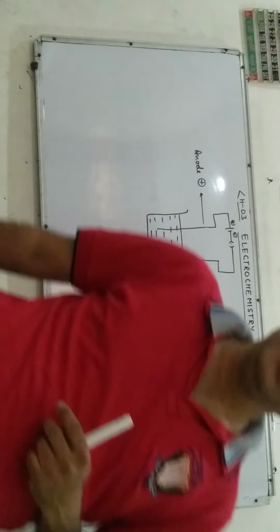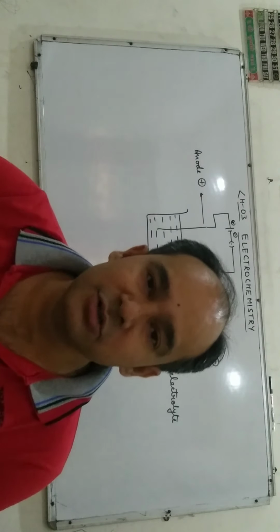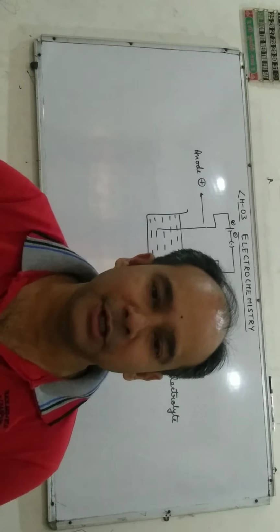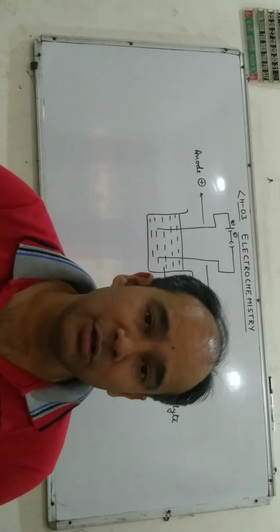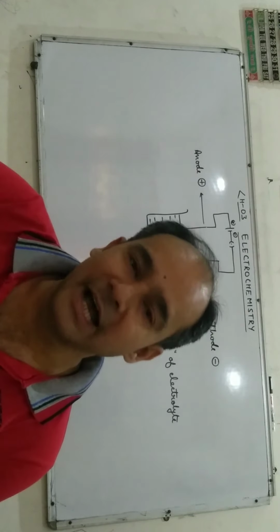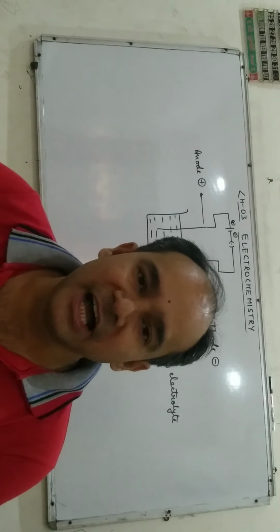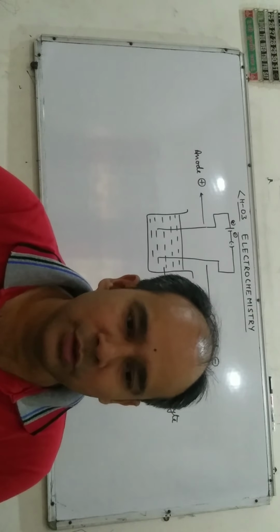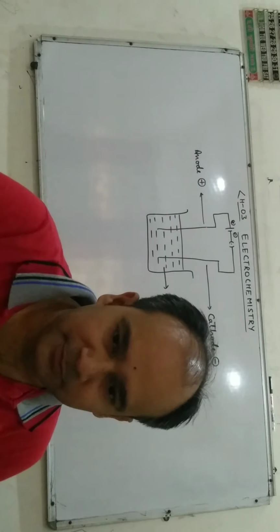For understanding the mechanism of electrolysis, let us discuss some points. The first point is, when an electrolyte dissolves in water, it produces ions. On passing electricity, positively charged ions move toward the cathode and negatively charged ions move toward the anode.